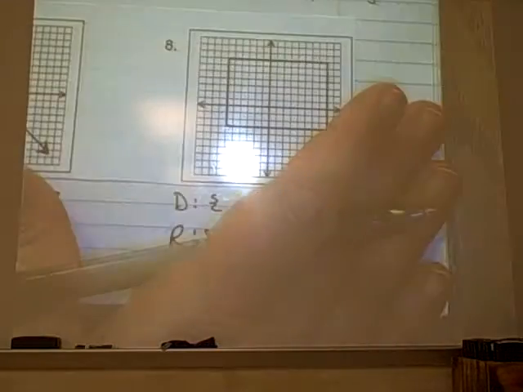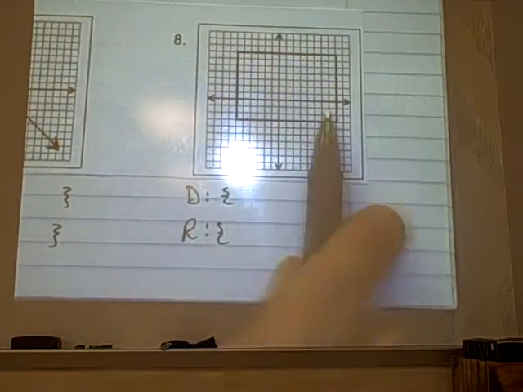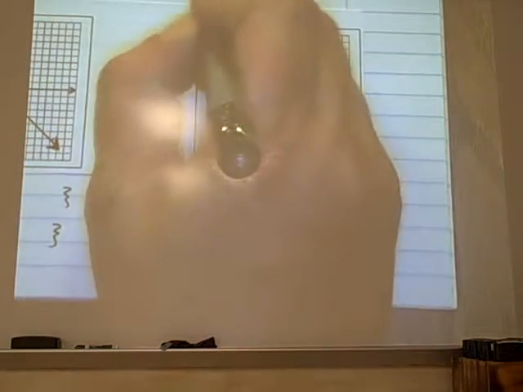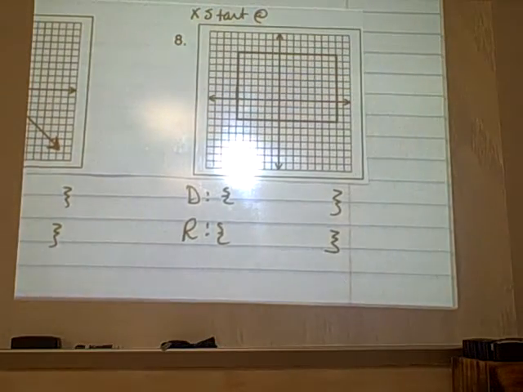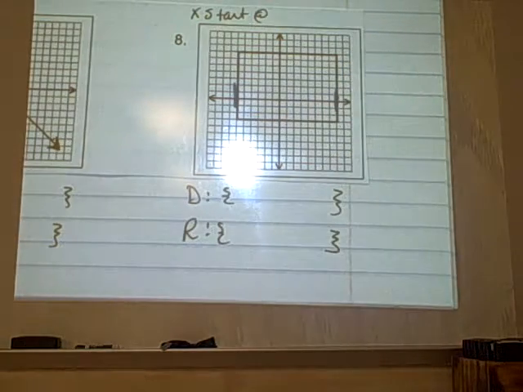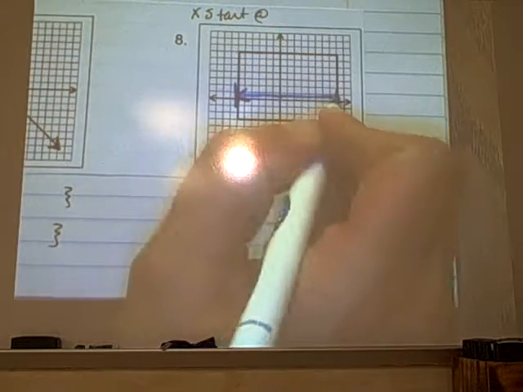I've got this shape, this rectangle. Okay, we're going to see what x's does this cover, what y's does it cover. So the x's start at, let's get a different color. They start right here and end right here. Y'all see that? This x is covering from that point to that point.